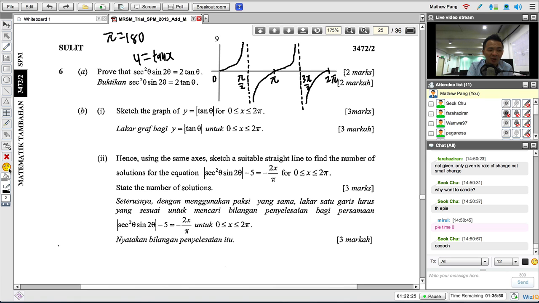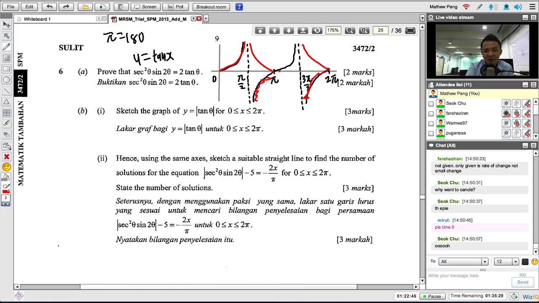But modulus means what? Modulus means all the negative zone, you have to reflect to the positive. Alright, this one is negative, right? You have to reflect. So that means this one no more already, and this one no more already. So your graph will look like this.